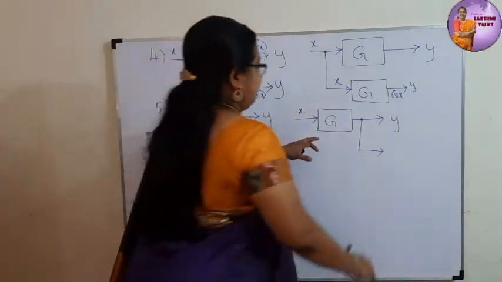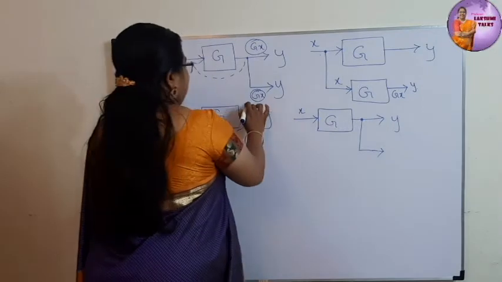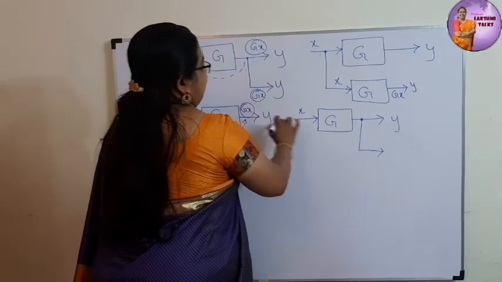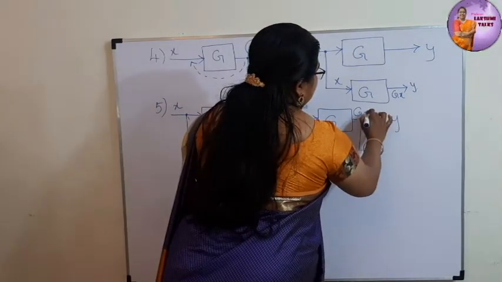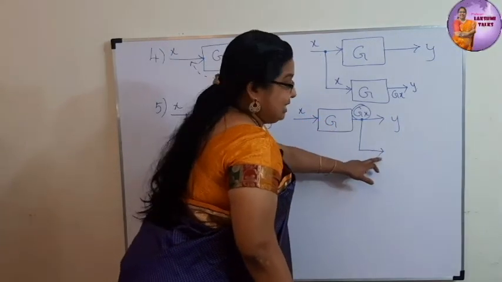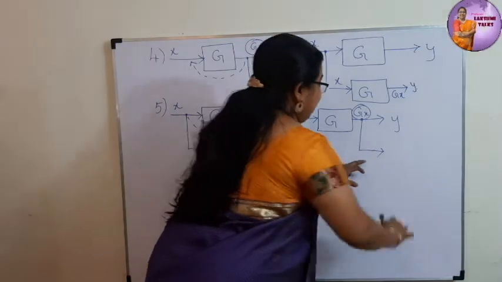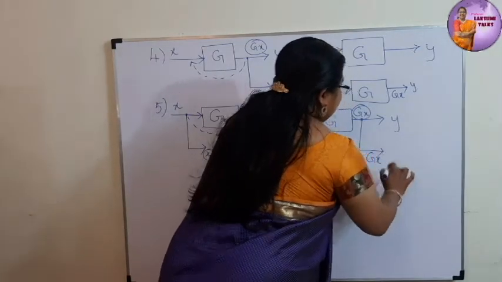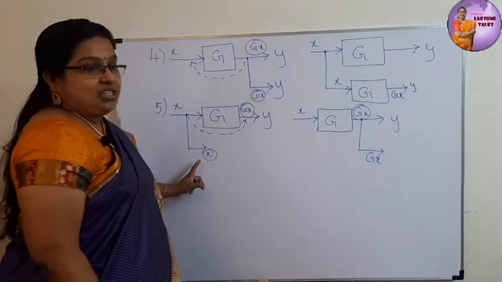But here it is gx. Now the takeoff path has both g as well as x. But what we need is just x.